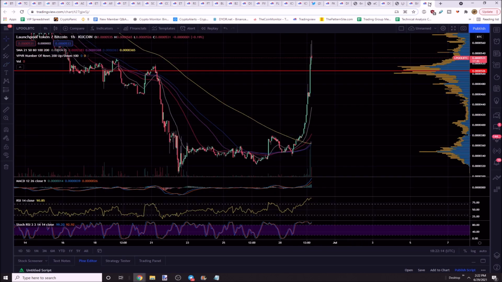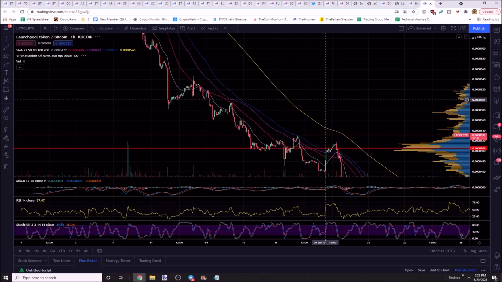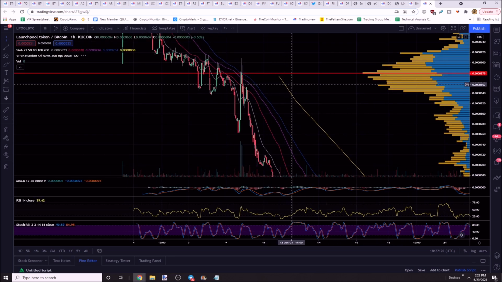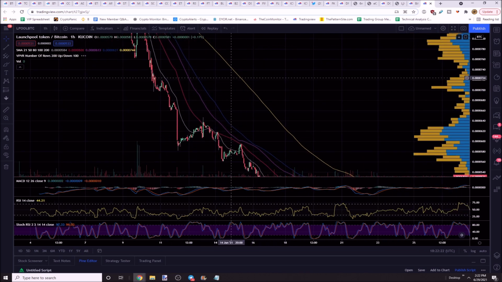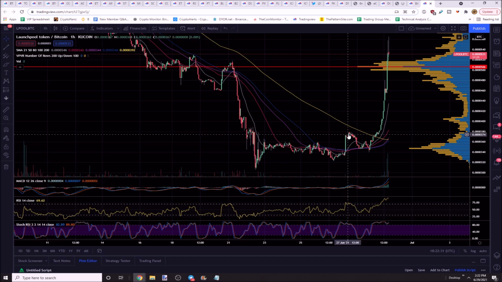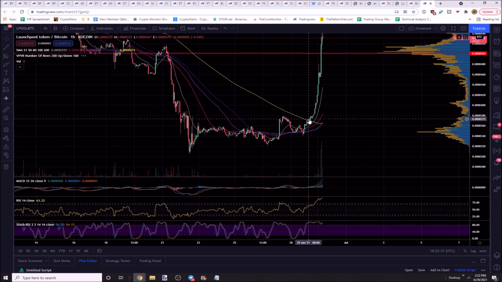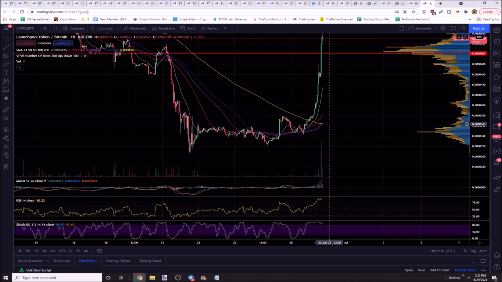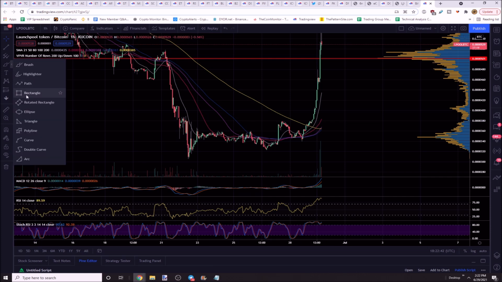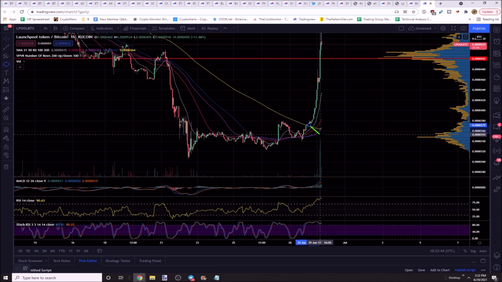Another idea, I didn't post this setup, but just to see. Again, the 200 simple moving average, the price action's been below the 200, right? As soon as it breaks and holds above the 200, you get all the major moving averages dragged higher, right? This right here, and I'll circle this sometimes on the setups, and maybe make a note like, hey, this is going to be a bullish catalyst.